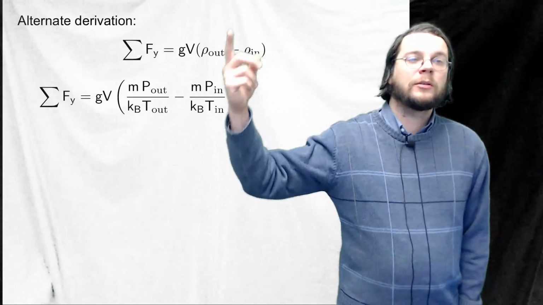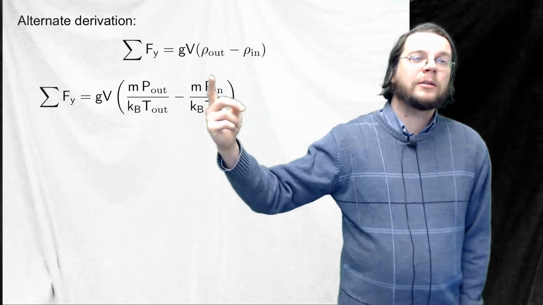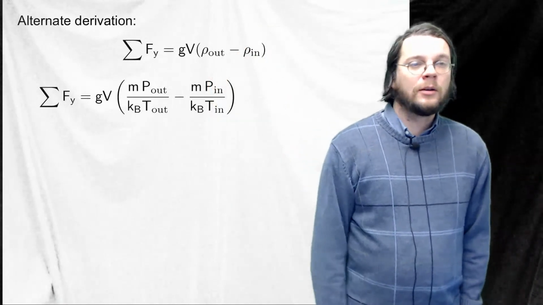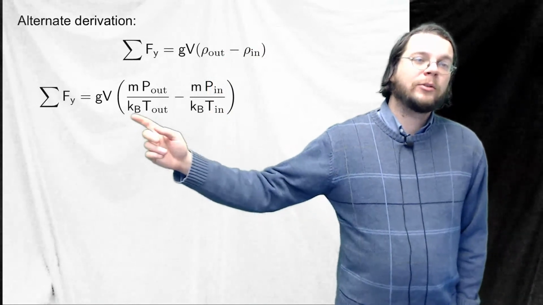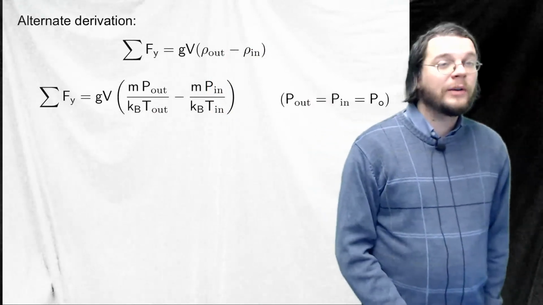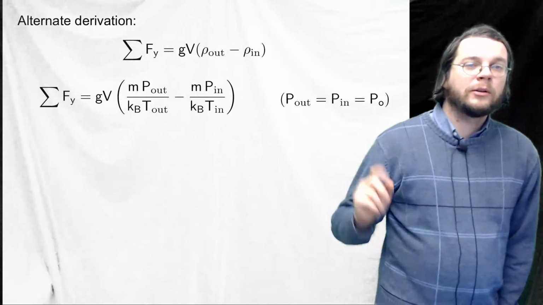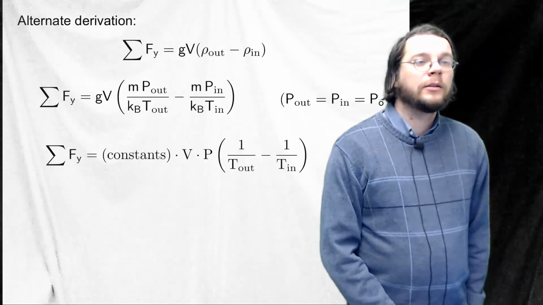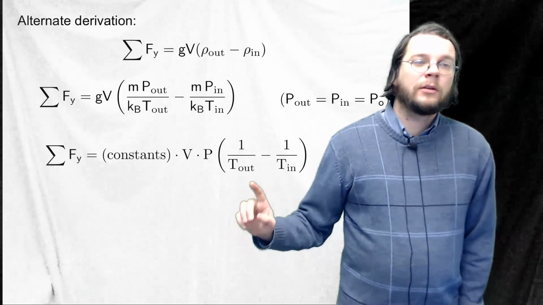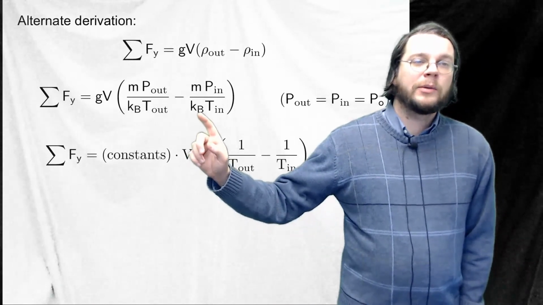So in other words, we basically just use what we know about the ideal gas law to substitute in for these densities. And then we know that the outside pressure is equal to the inside pressure, so we can factor that out and say that it's equal to some P0 here. And so we factor that out, and factor out the k_B, factor out the m.